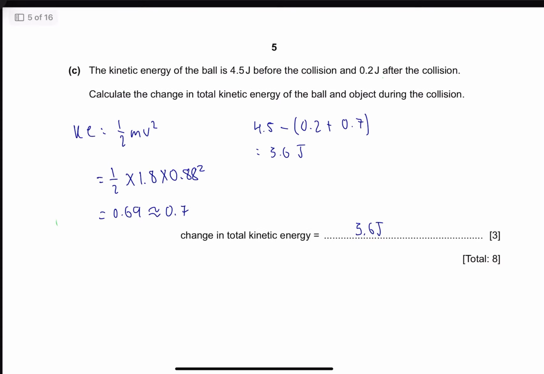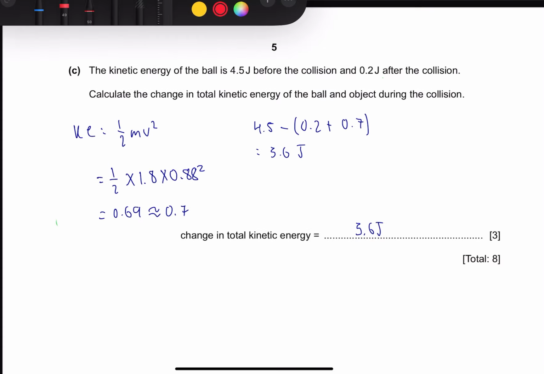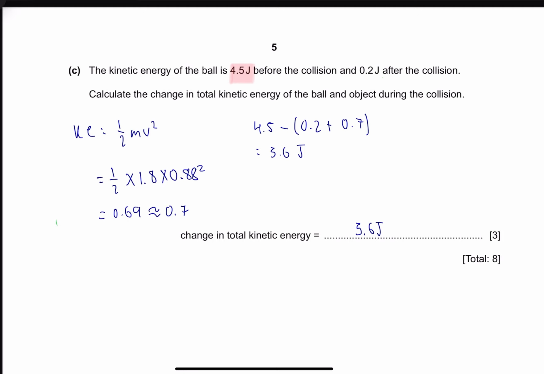In part C, the kinetic energy of the ball is 4.5 joules before the collision and 0.2 joule after the collision. This is before colliding and this is after colliding, right? Calculate the change in total kinetic energy.